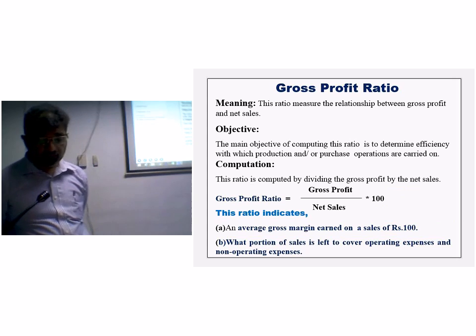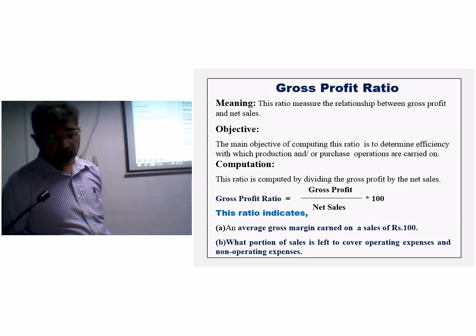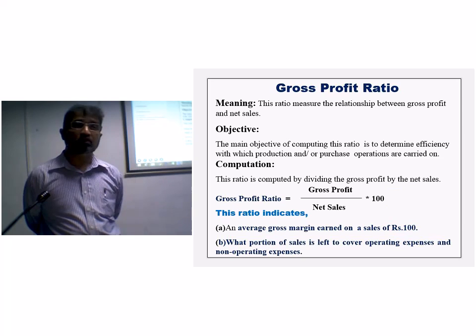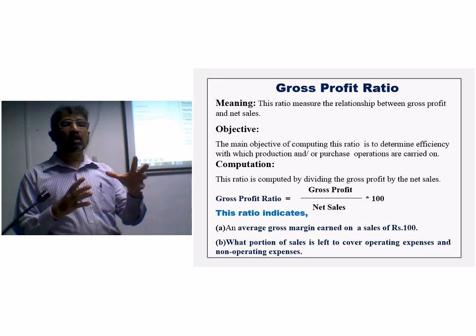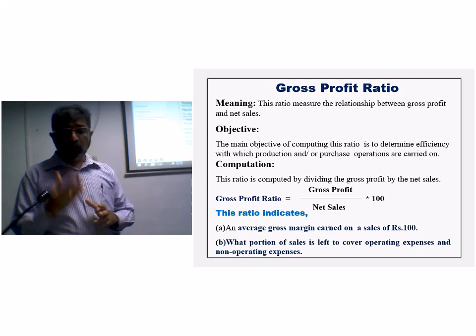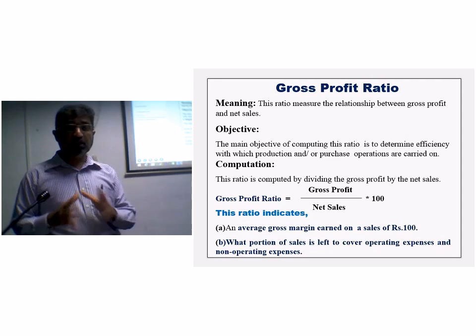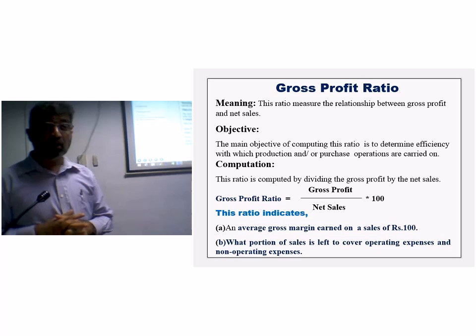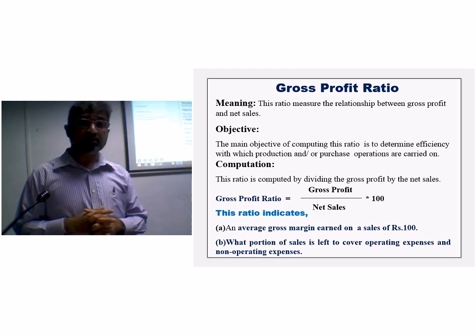What portion of sales is left to cover operating expenses and non-operating expenses? That means the rest of that amount. After reducing the gross profit from sales, you can identify the remaining part for covering operating and non-operating expenses, right?